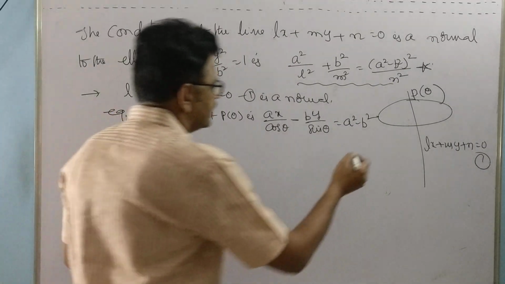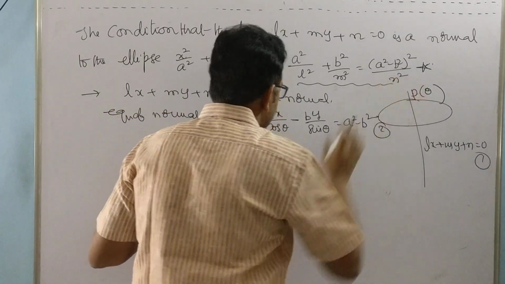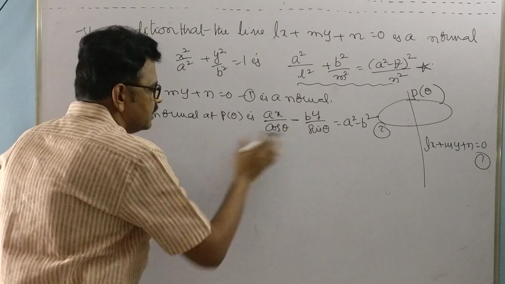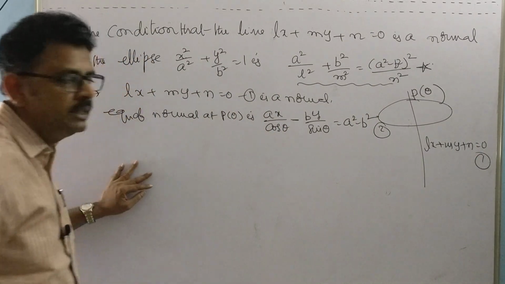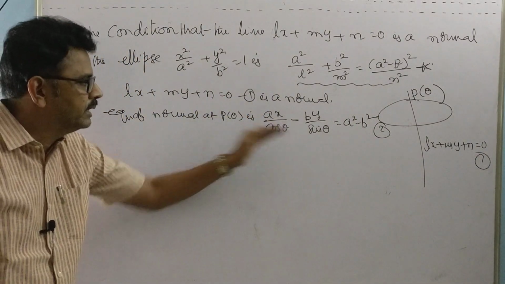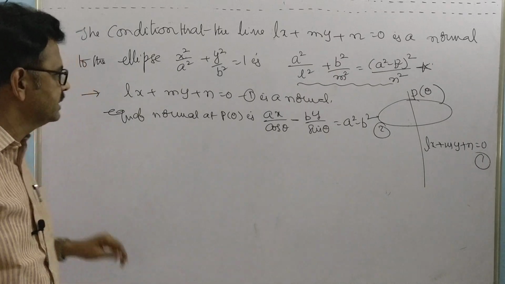Now this is the second one. One is a normal and this is also a normal. So since 1 and 2 represent the same line, compare their coefficients.